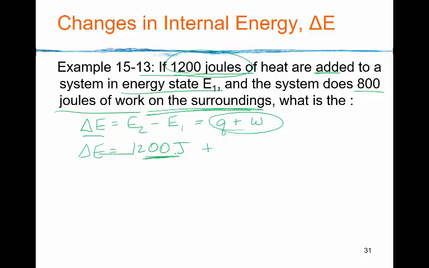If it's doing work on the surroundings, that means the work is being done by the system, so that's actually going to be a negative number of joules of work. So the delta E for that system is going to be 1200 minus the 800, or plus 400 joules.